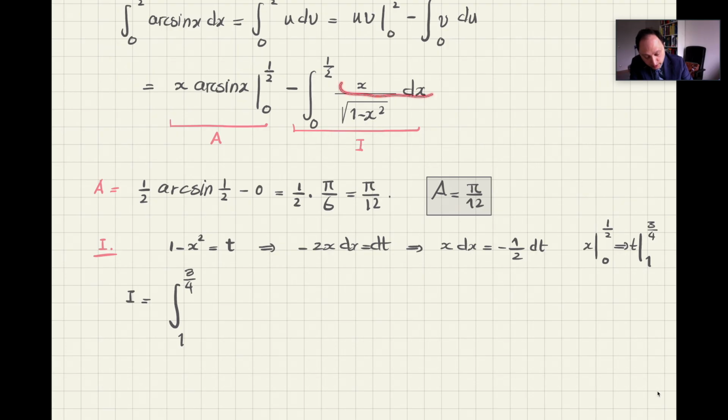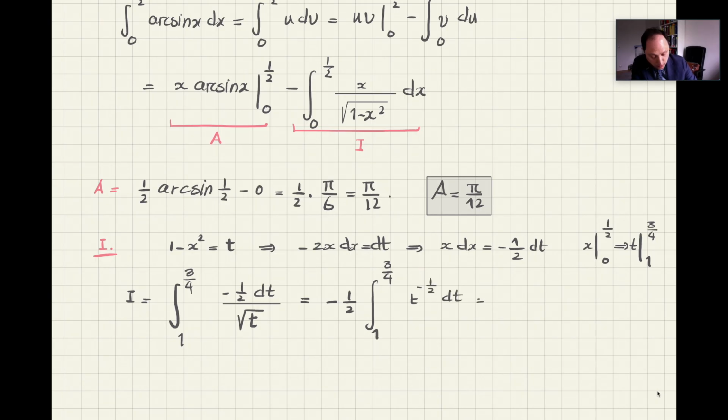In the numerator here, I put minus a half dt, and in the denominator I have the square root of t. Then I put minus 1/2 out, and it becomes the integral from 1 to 3/4 of t to the power of 1/2, which I bring up, so it becomes t to the power of minus a half.